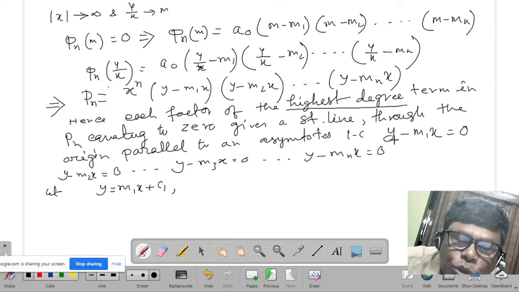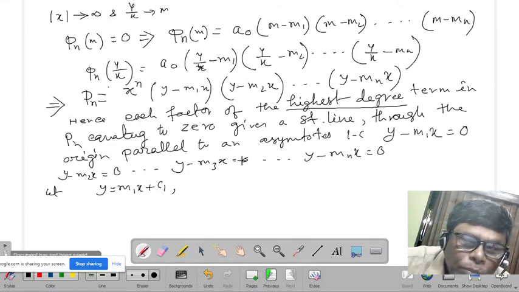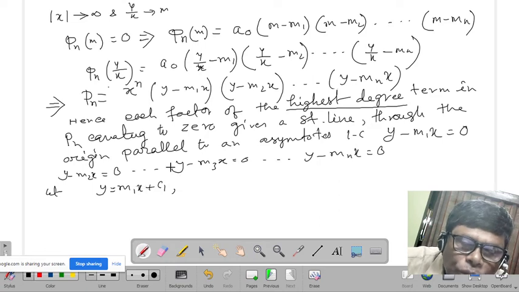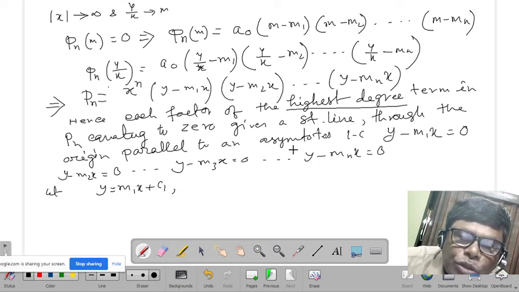But we are not concerned about the straight lines parallel to the asymptotes passing through the origin.